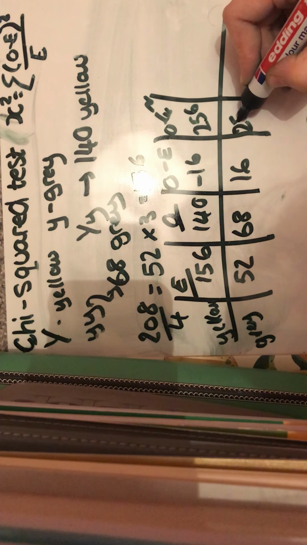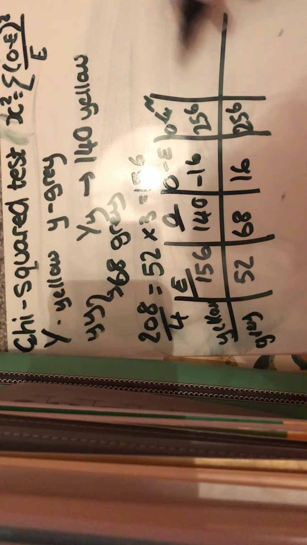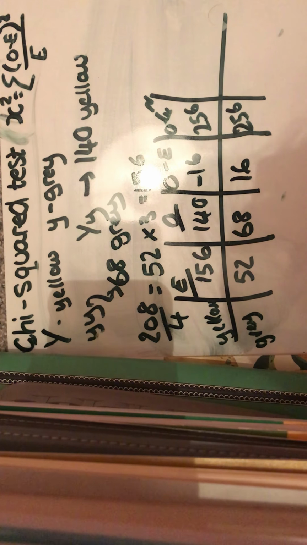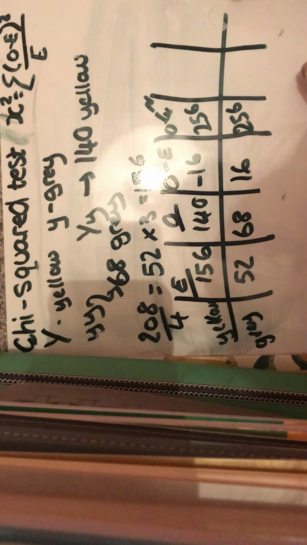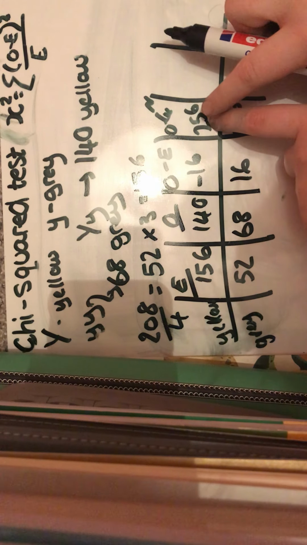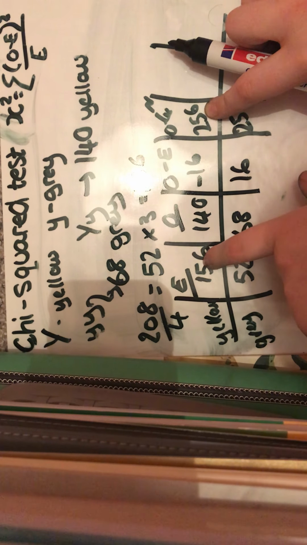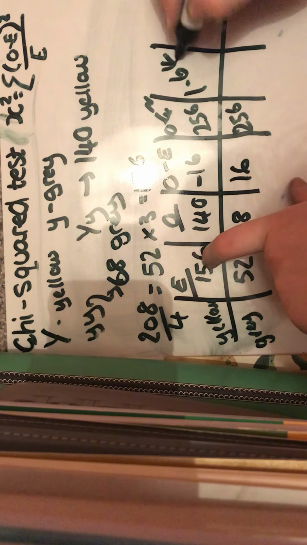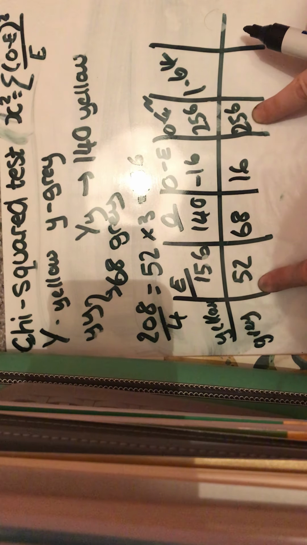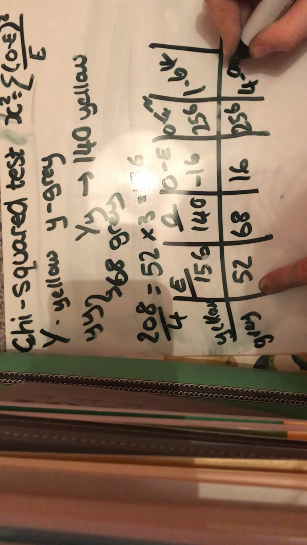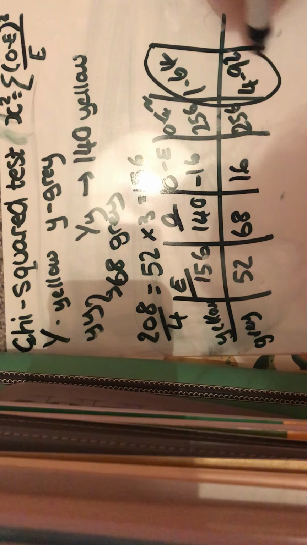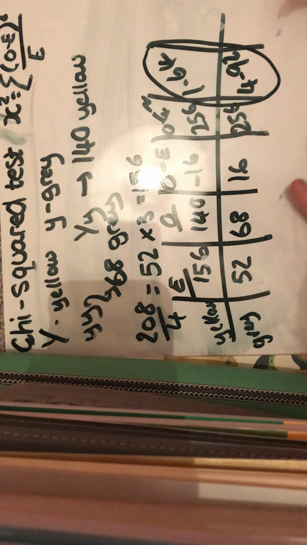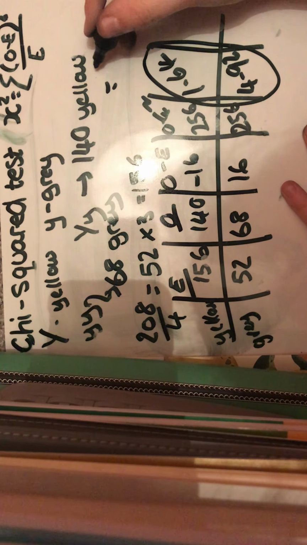Same for this, it's 256. And then we need to do O minus E squared divided by E. So 256 divided by 156 is 1.64, and 256 divided by 52 is 4.92. And then to find x squared we add these two numbers up because it's the sum of, and that equals 6.56.